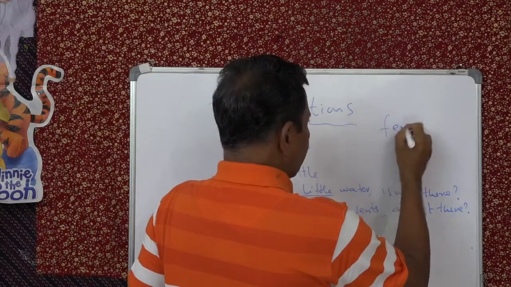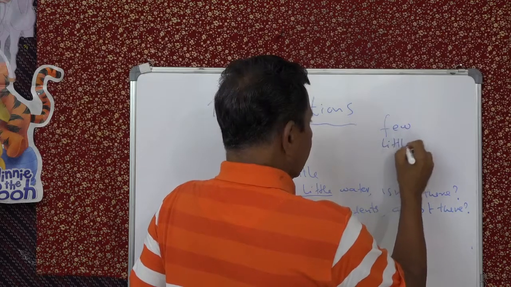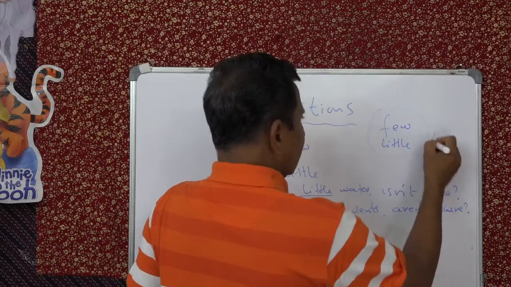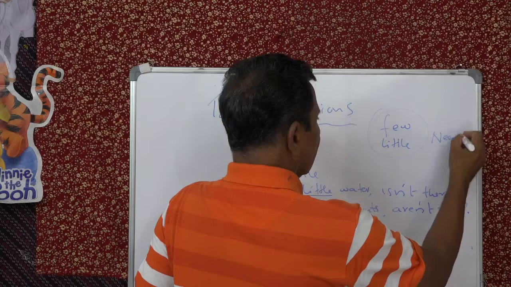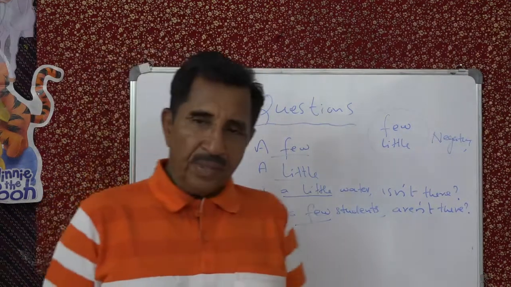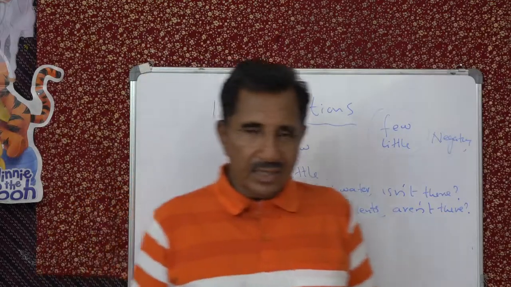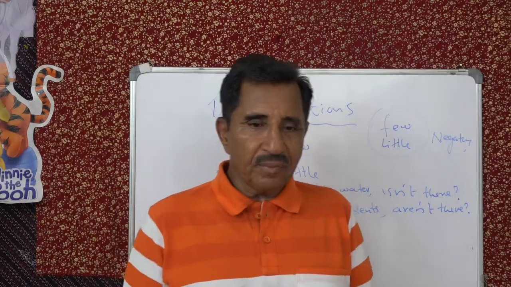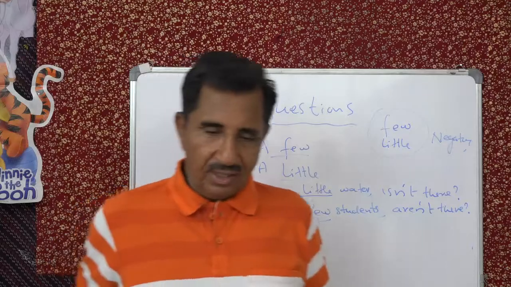Few and little, they are negatives. But a few, a little, they are positives. So if you have a little or a few in a sentence, that means the tag should be negative.